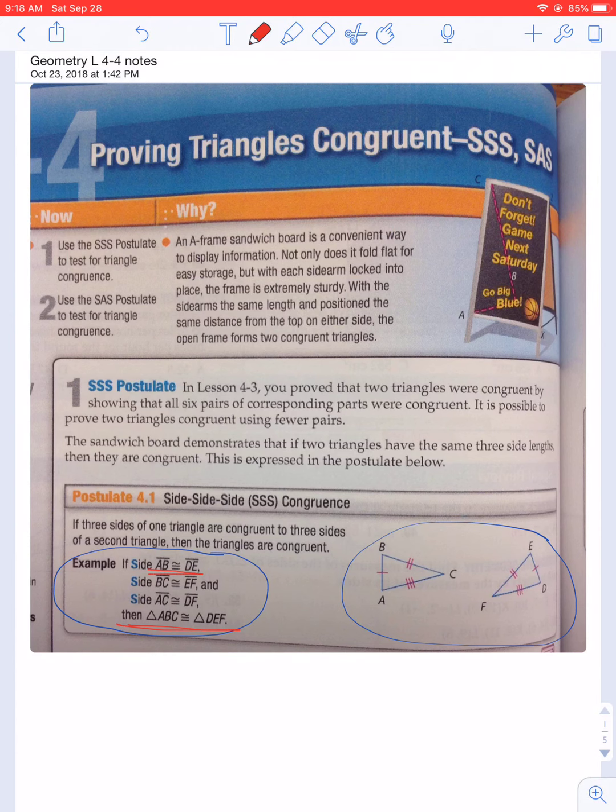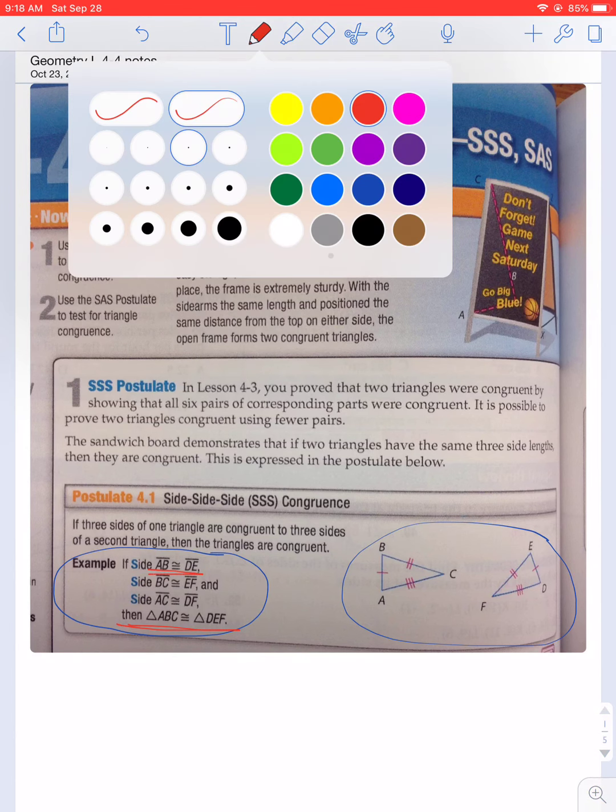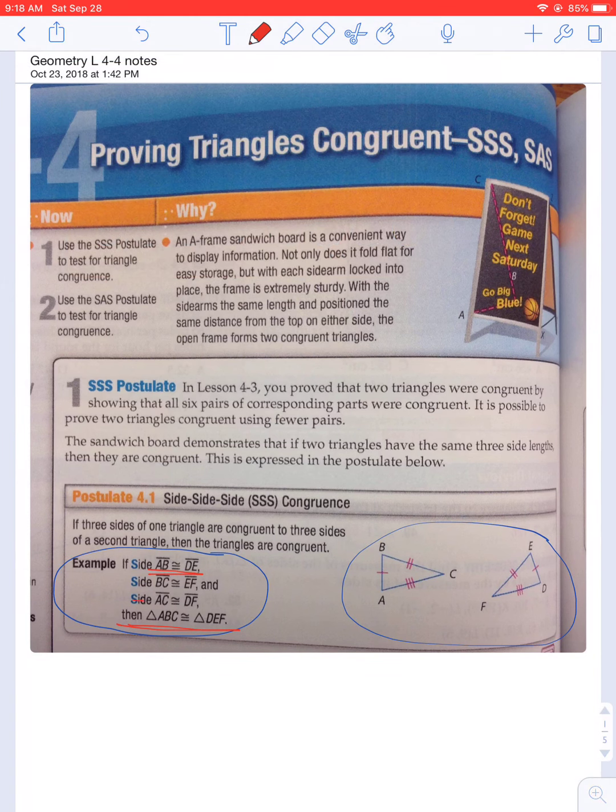If you'll notice on the triangle congruency statement down here, AB is listed first and so is DE, in that order. So that's why you can say AB is congruent to DE from that statement.